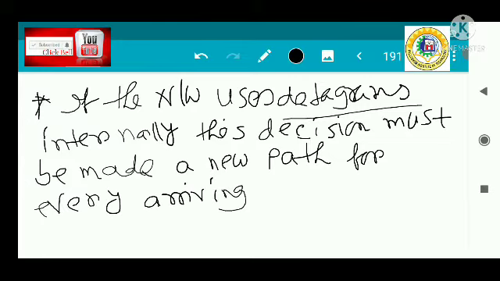So if the network uses datagrams internally, the decision must be made a new path for every arriving data packet.